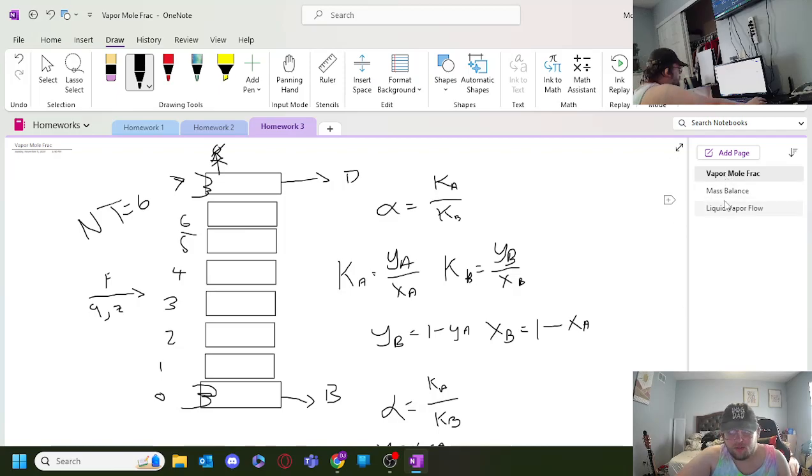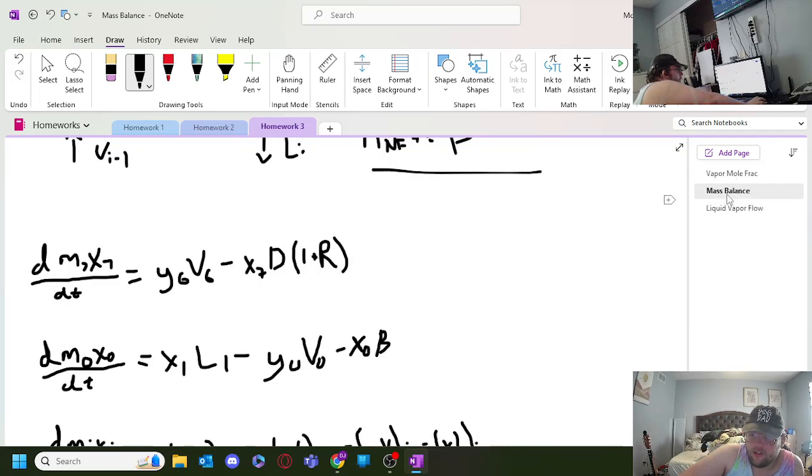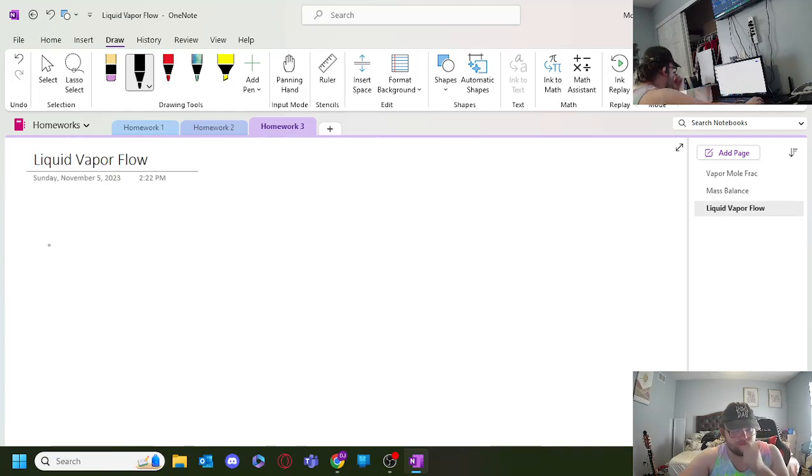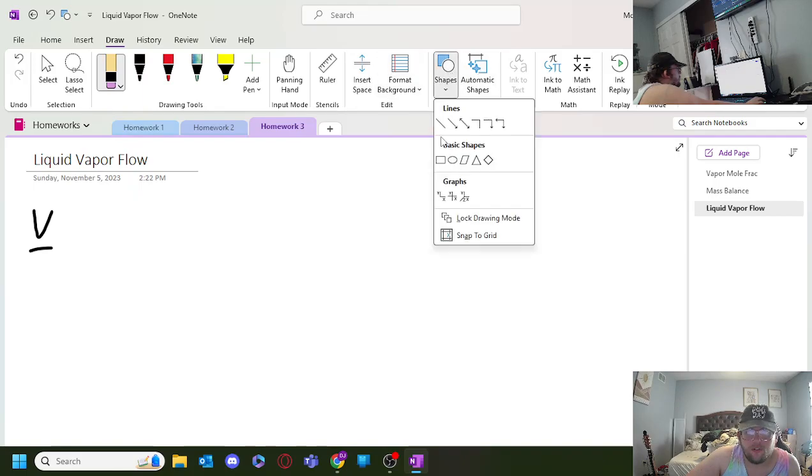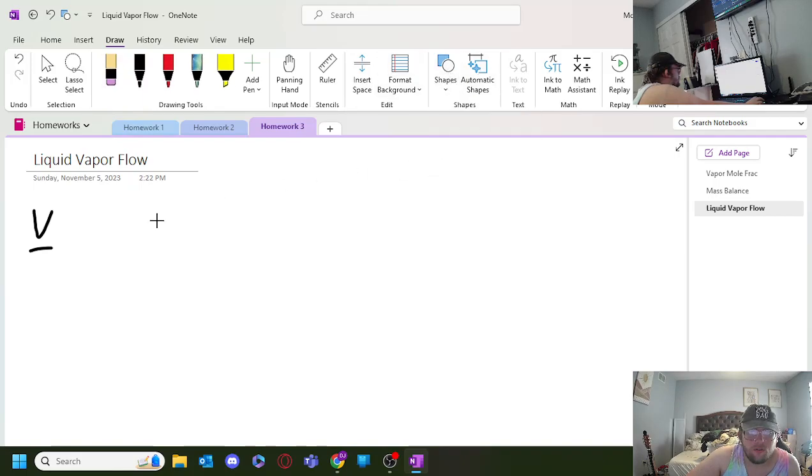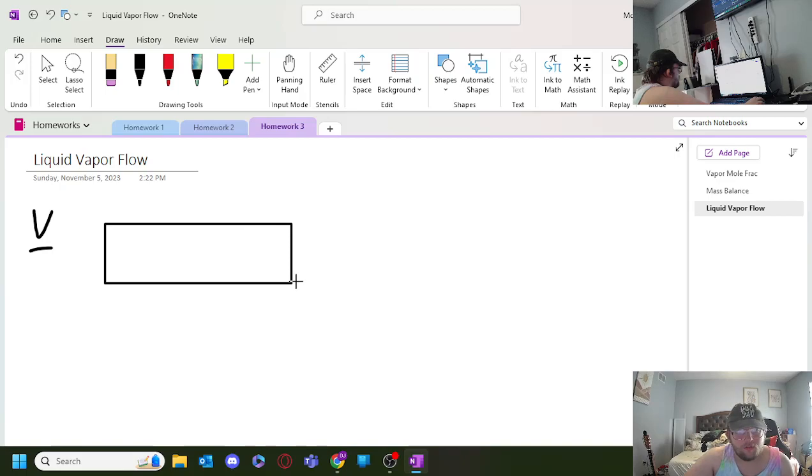So what we got to do is, let's first start with our vapor. So if we look at our very top stage, stage 7, the condenser, let's draw that one more time.